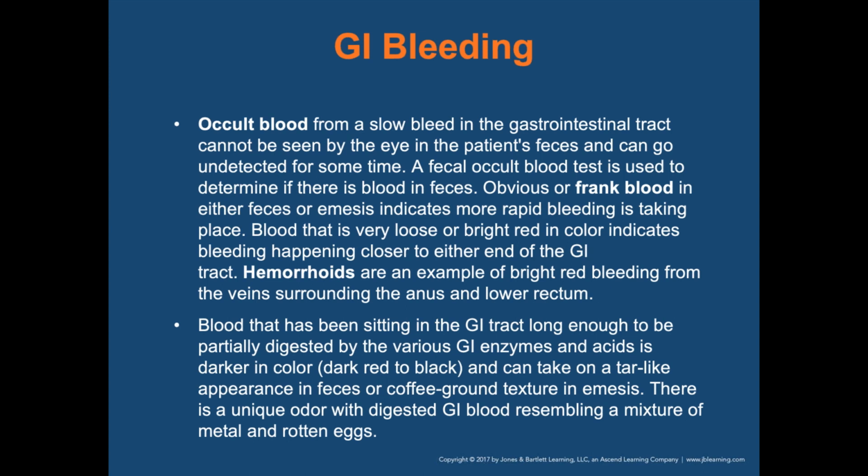There is a unique odor with GI blood resembling a mixture of metal and rotten eggs. I don't know how to tell you all that other than you'll know it. As soon as y'all walk into a home, nursing home, wherever, and come across this odor, you're going to be like, "Oh Jesus, what is that?" And guess what it's going to be?